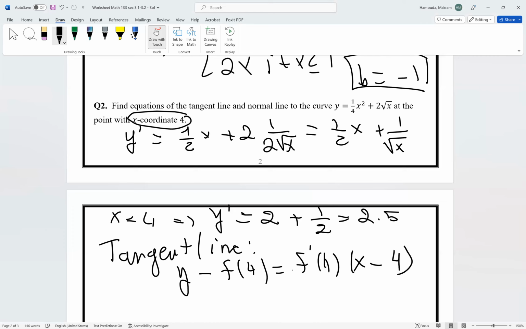It's like I put f of x is this quantity. So f of 4 here, if I replace x by 4 and I compute the y, I will find 4 squared, that's 16 over 4, that means 4, plus 2 times the root of 4, so 4 plus 4, this is 8, equal to f prime of 4, which is 2.5, that I will write 5 over 2, times x minus 4.